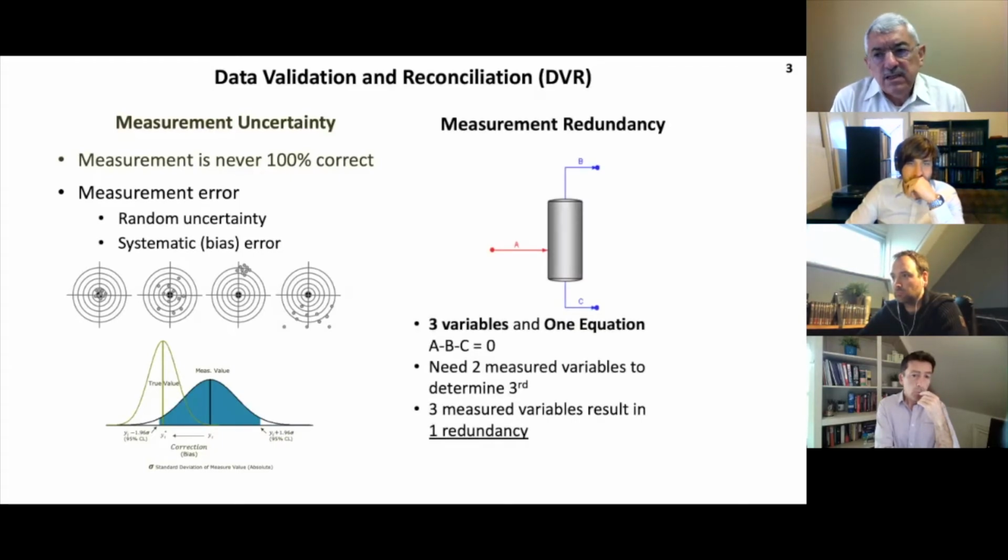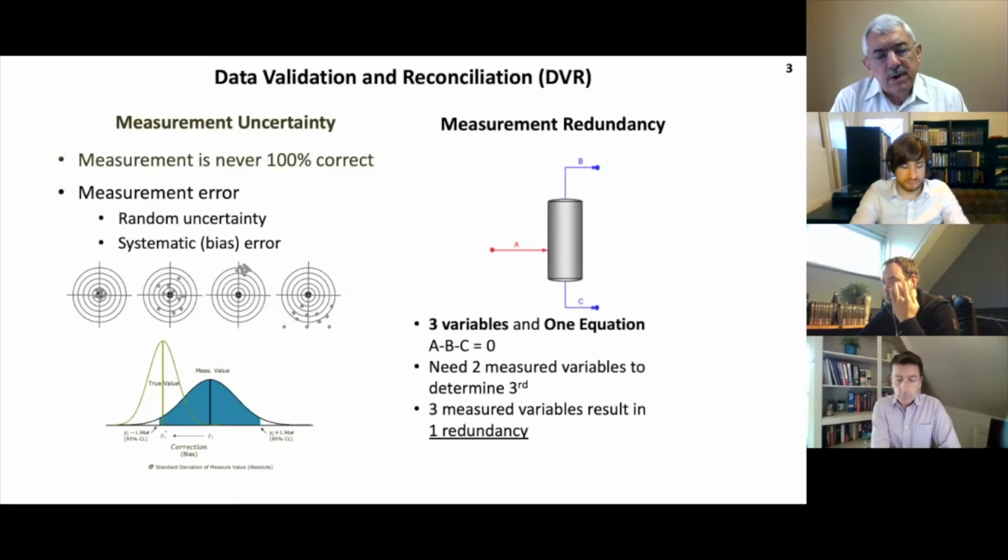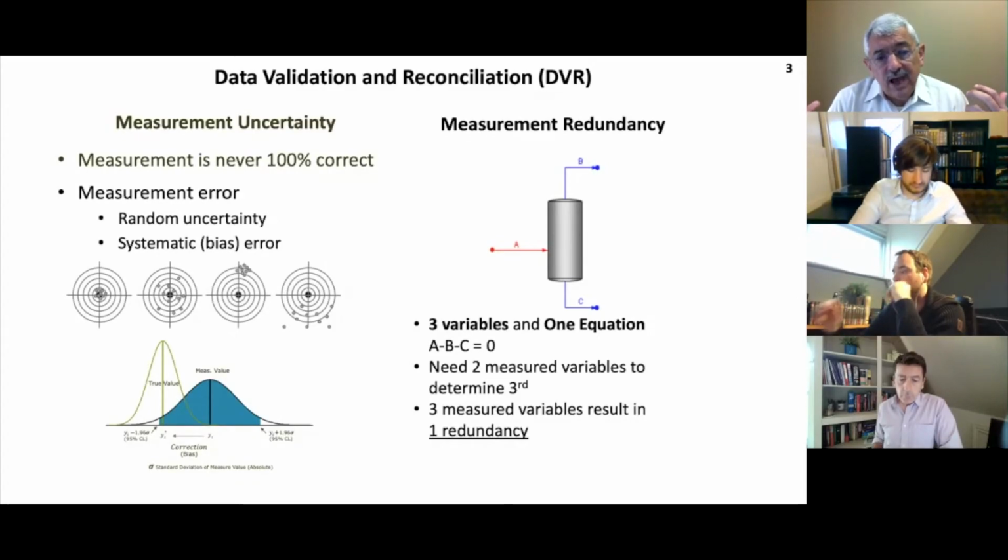The other aspect is redundancy, and that's one thing that DVR does very well, which is to take into consideration all the measurements that are available and optimize them so that all of them respect the constraint. In this particular case, we have a constraint that A minus B minus C is equal to 0, which is the balance here. But that balance can be thermodynamic, can be energy, can be anything. What we're saying is that if you have two variables and an equation, the system is fully defined.